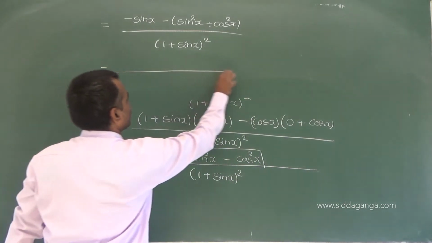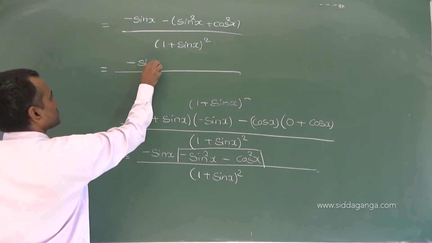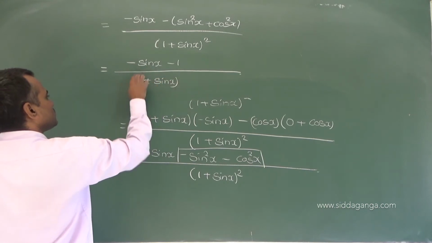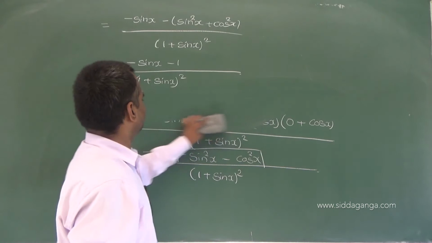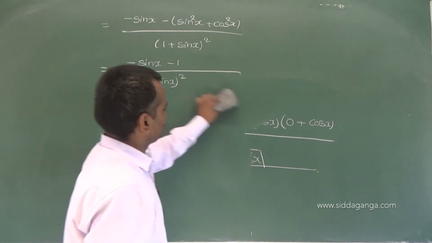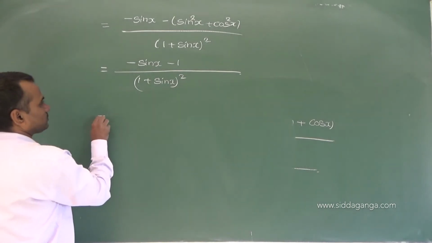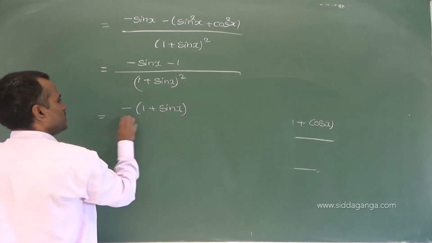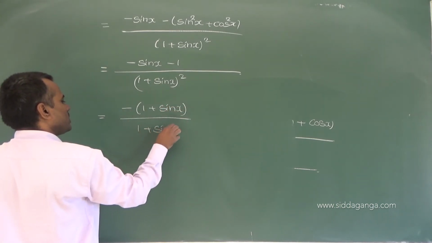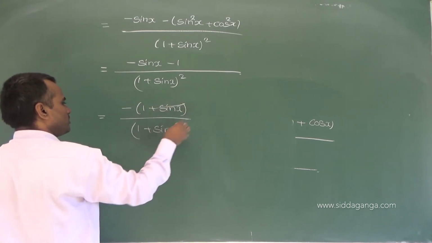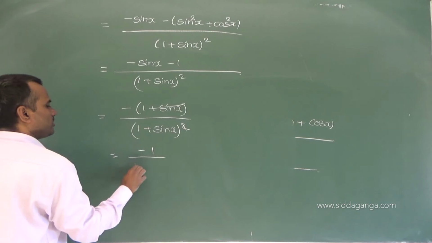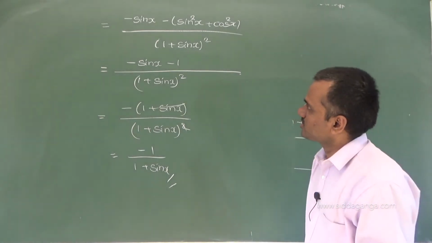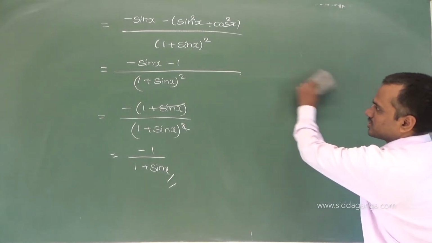So that is equal to minus sin x minus 1 plus sin x whole square. If you take minus common, 1 plus sin x divided by 1 plus sin x whole square. One term gets cancelled. Minus 1 divided by 1 plus sin x.